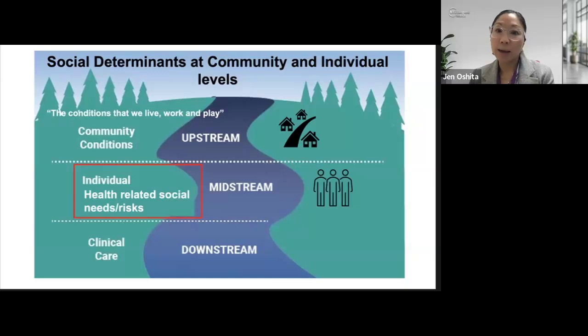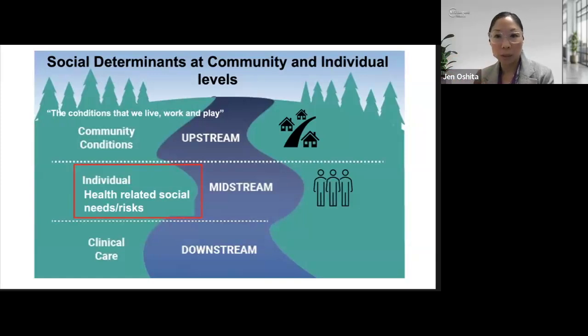And so that is measurable at the individual level for us providers in healthcare delivery systems. And then in doing something about it, we can immediately do something about this data that we collect.